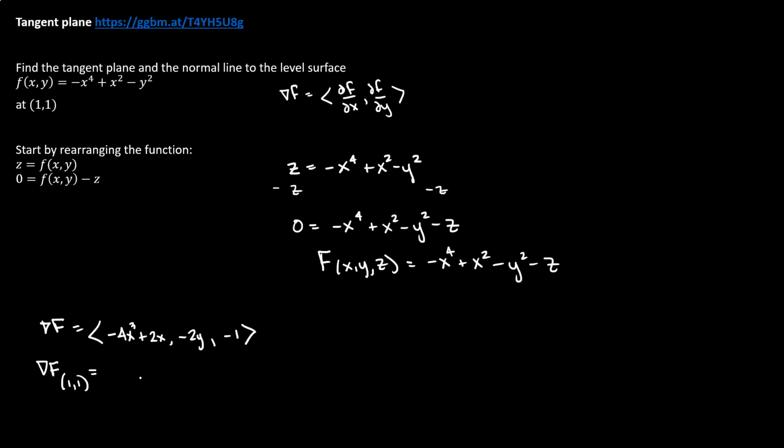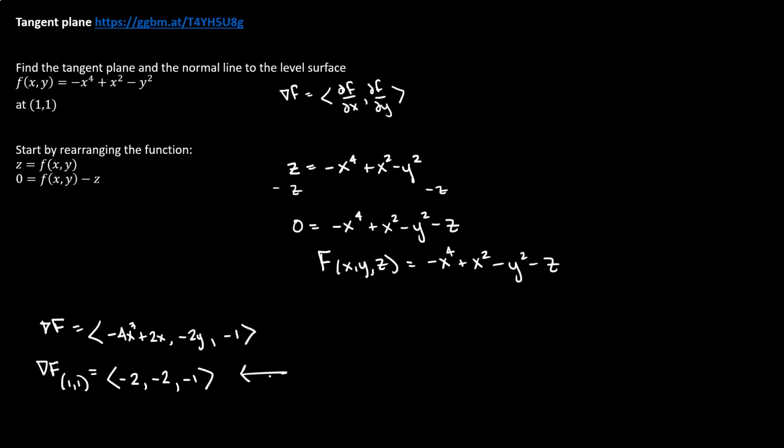But there's no z to plug into, so we'll just plug in x equals 1, y equals 1. So we get negative 4 plus 2, or negative 2 in the x direction. In the y direction, we also get negative 2, and in the z direction, it's that constant negative 1. And so then we would just use this as the gradient vector for the tangent plane or the normal line, whichever one you're working on.